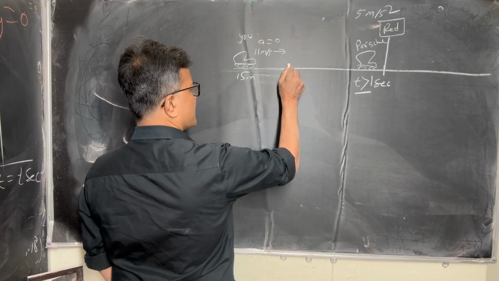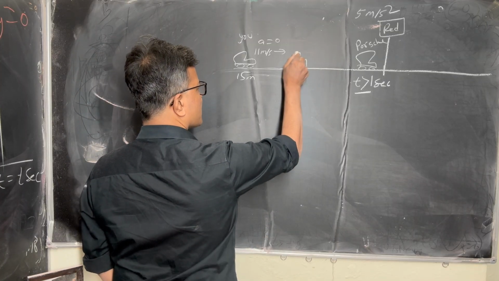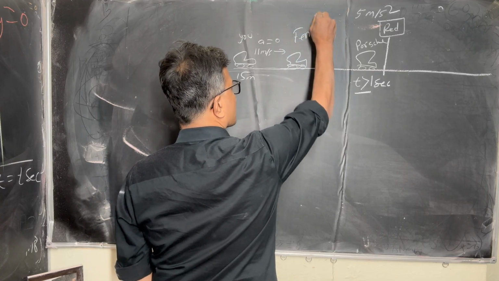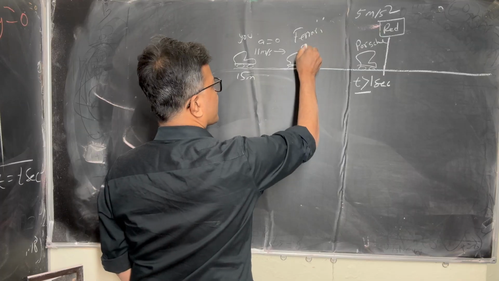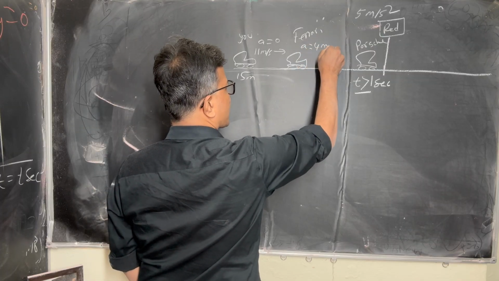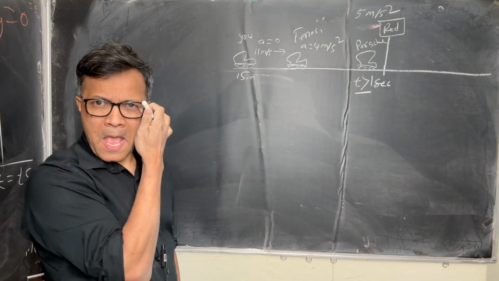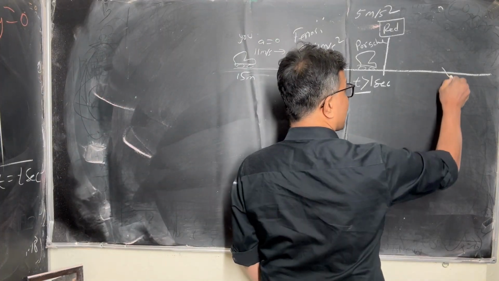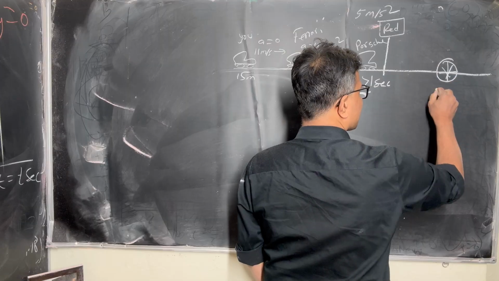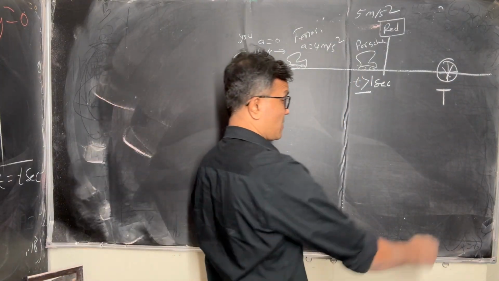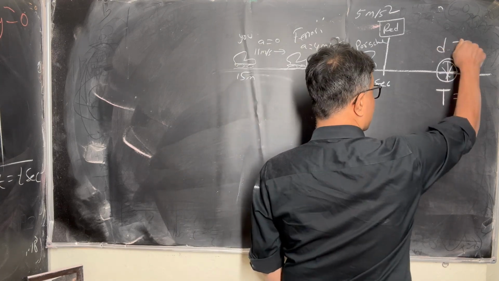There is a Ferrari 10 meters behind the Porsche, accelerating 4 meters per second squared as soon as the red turns green. They all will meet at location T. We're going to find that location T, the time at location T, and the distance at that location.